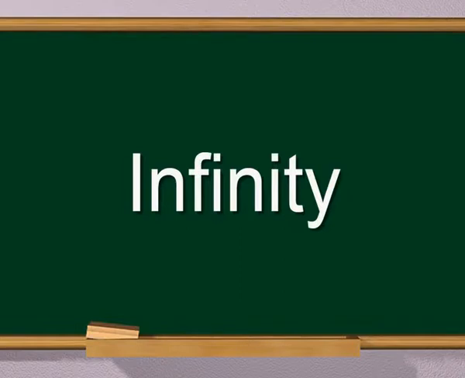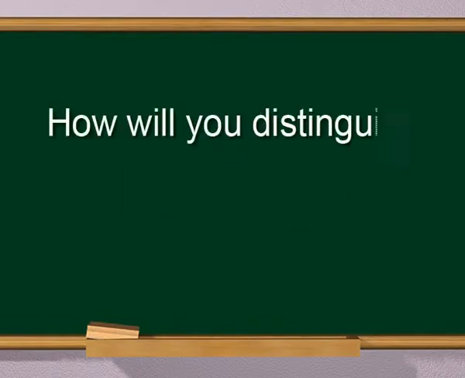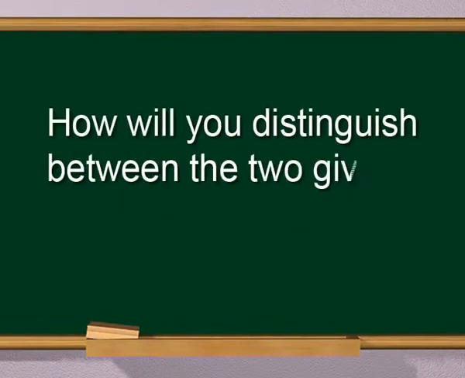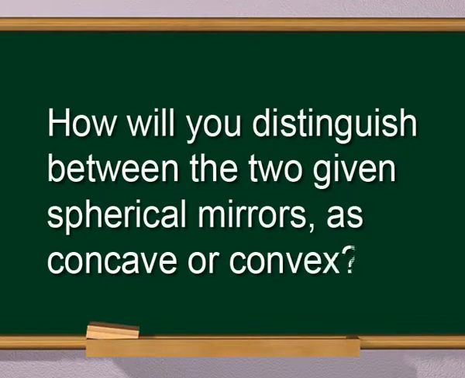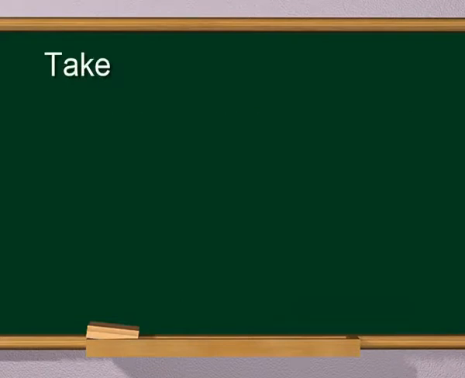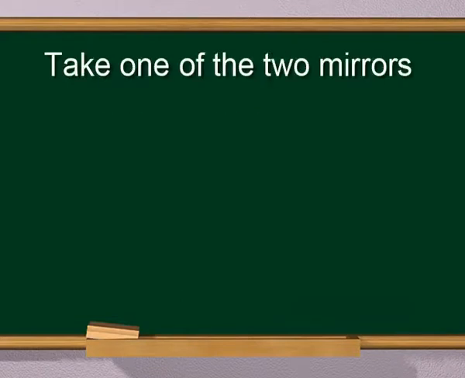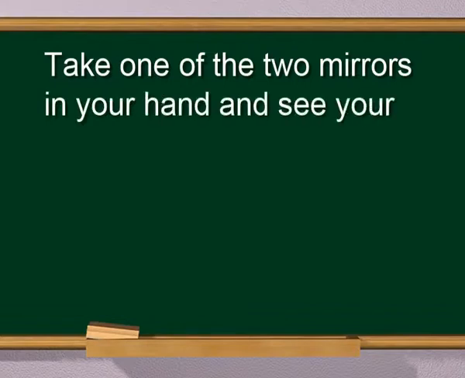The next question is, how will you distinguish between the two given spherical mirrors as concave or convex? The answer: take one of the two mirrors in your hand and see your face in it.